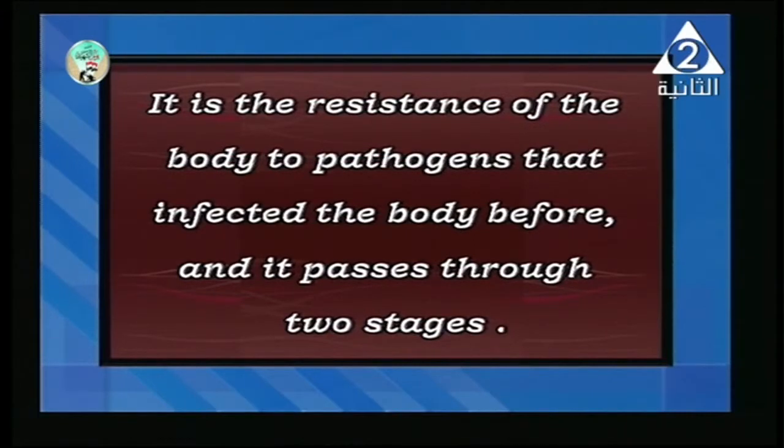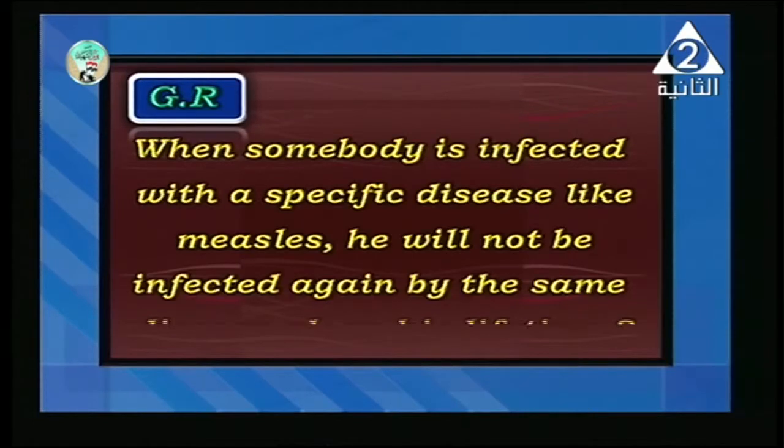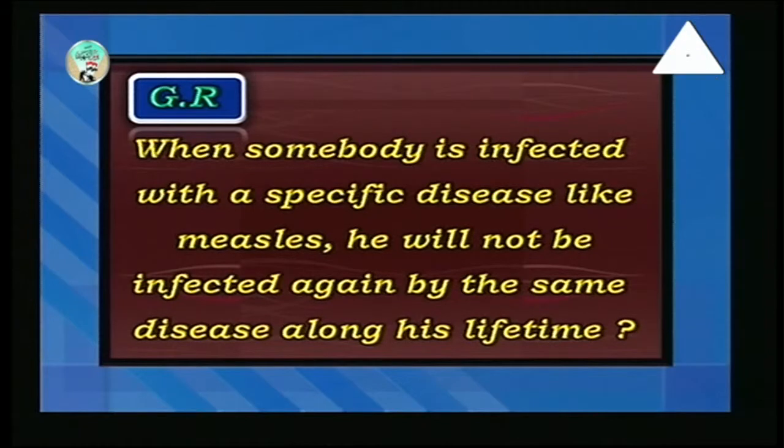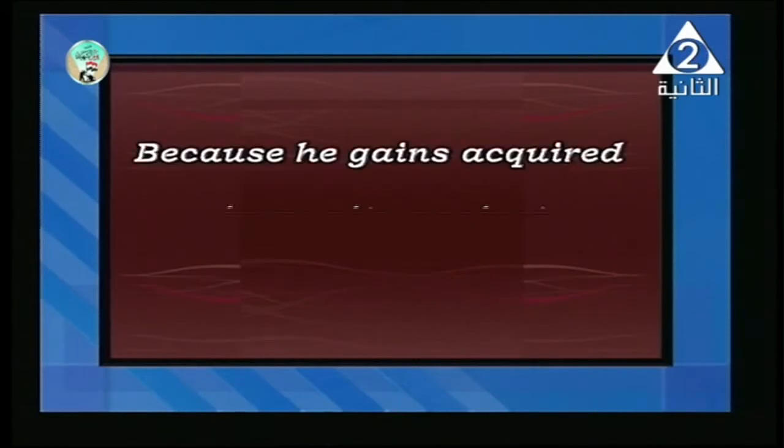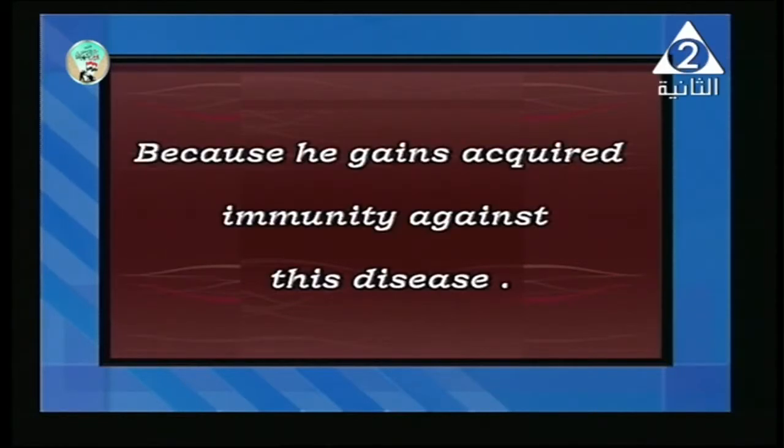As a reminder, when somebody is infected with a specific disease like measles, he will not be infected again by the same disease throughout his lifetime, because he gains acquired immunity against the disease.